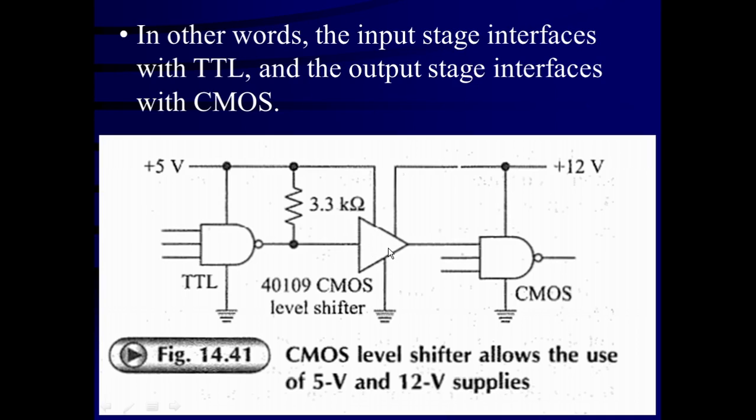The output of this CMOS level shifter is shifting from 5 volt to 12 volt, which is considered a very valid high state input for the CMOS load.